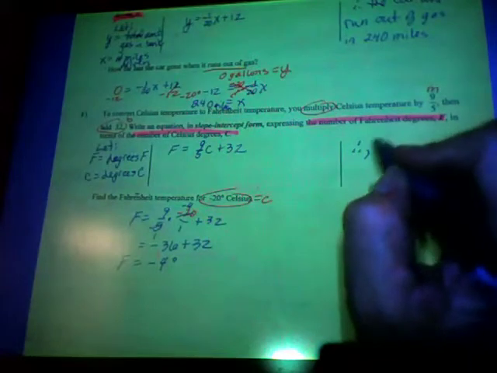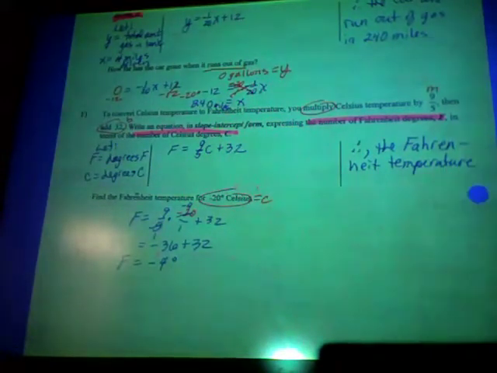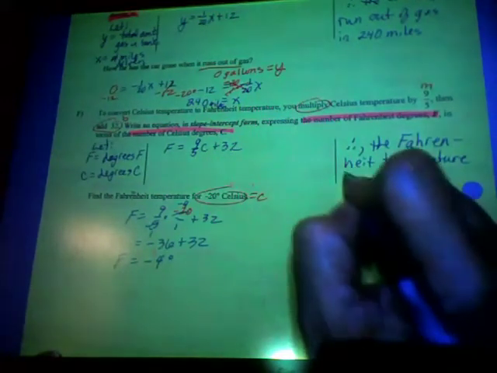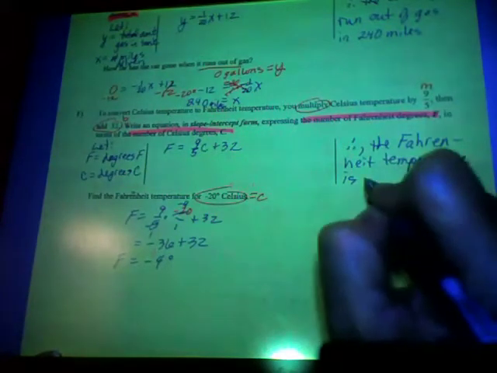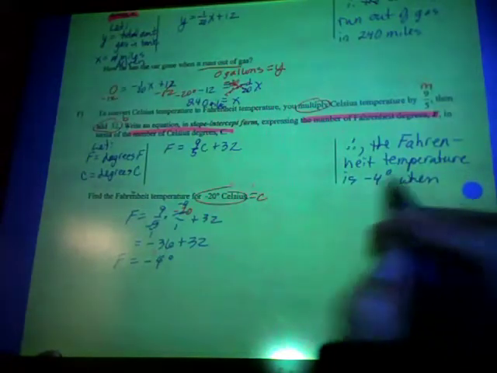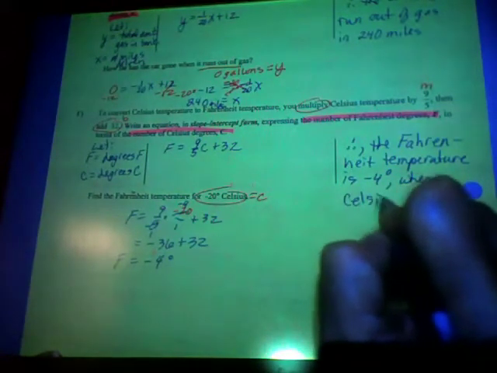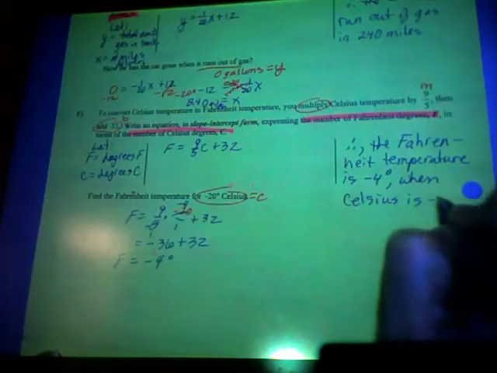So F is equal to that. So therefore, the Fahrenheit temperature is negative 4 degrees when Celsius is negative 20 degrees.